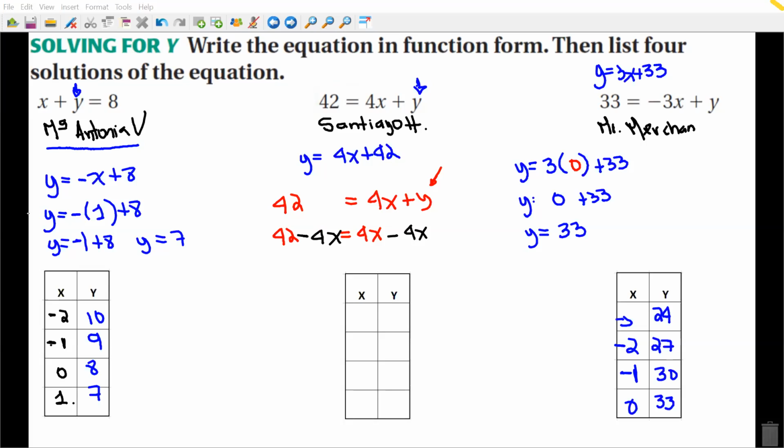Got it? Yes. Okay. So now I have that 42 minus 4x will be equal to y. Now I will organize my exercise and I would say this is negative 4x plus 42 equal to y. Okay?